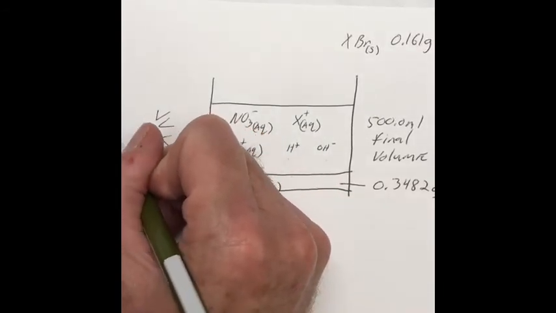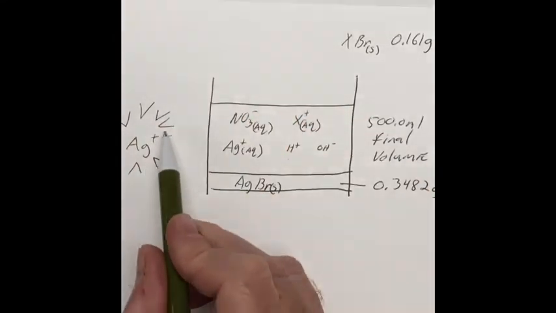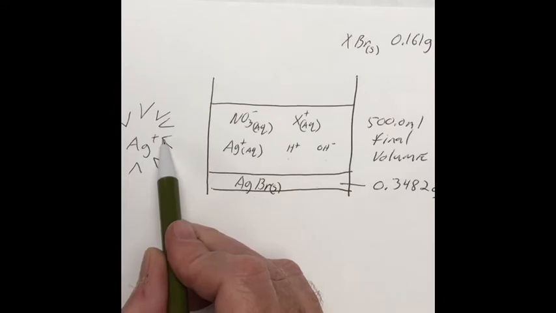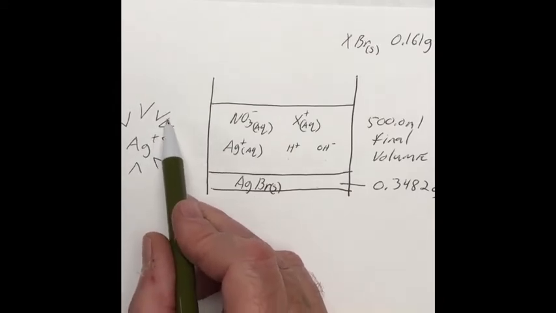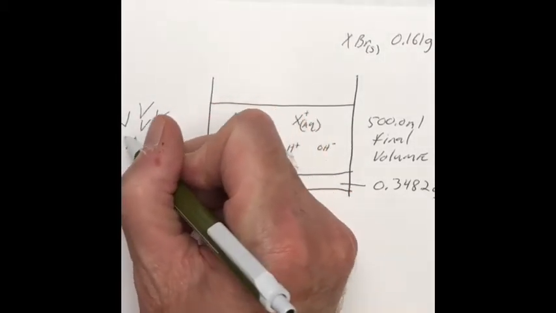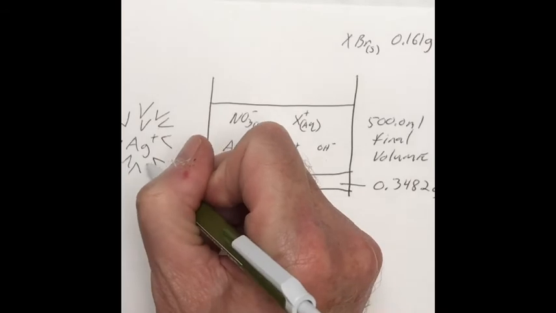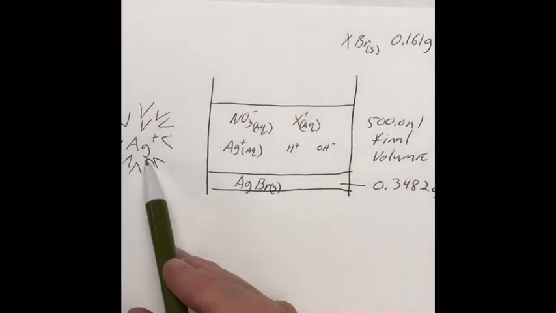And notice the orientation of the water molecules. The point of the water molecules represents the oxygen, which is partially negative, and then two partially positive hydrogen tails. So these water molecules are really gathered around this ion.